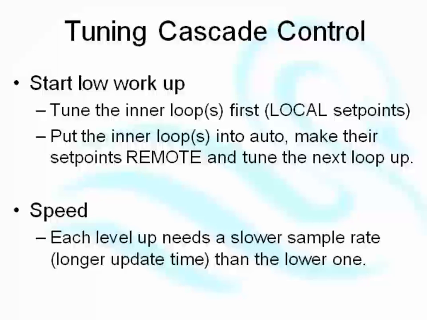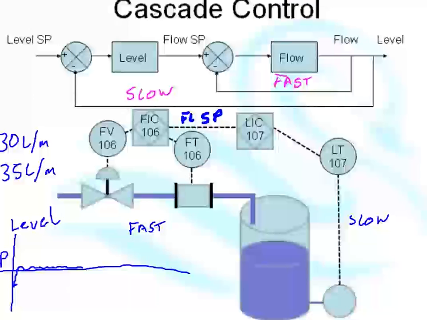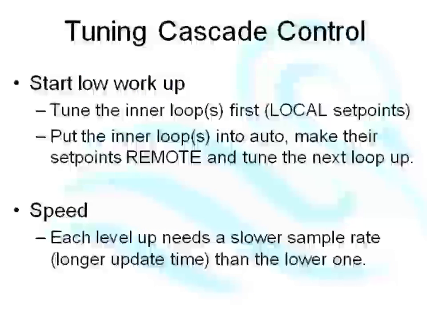When you're doing this tuning, you must ensure that the inner loop is always running faster than the outer loop. So here, the inner loop must be a fast loop, and it must be running fast. The outer loop must be slower, and it must be running slower.